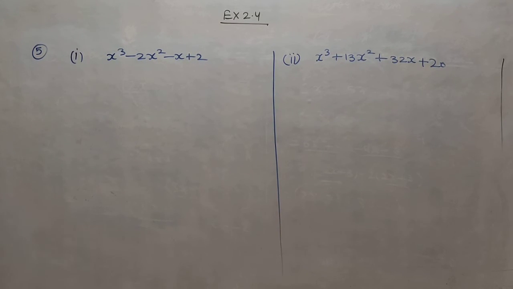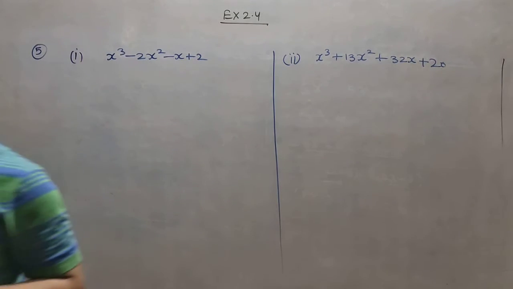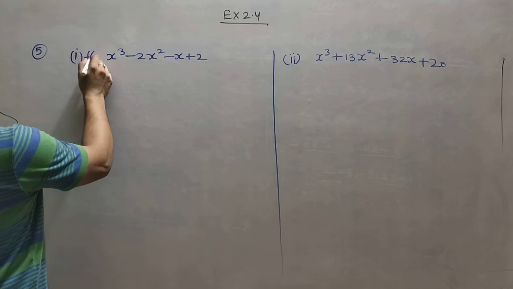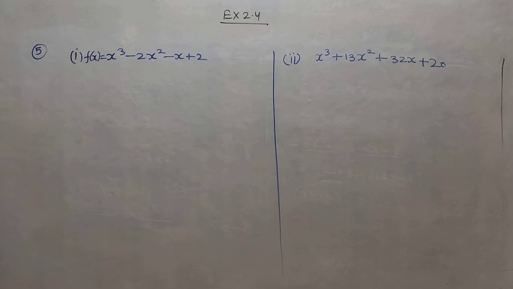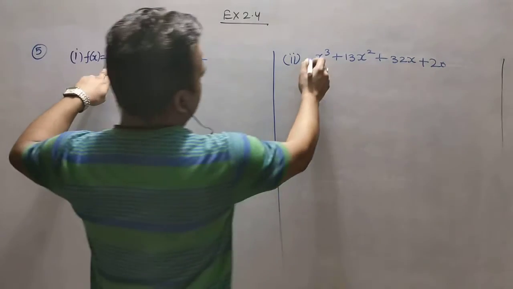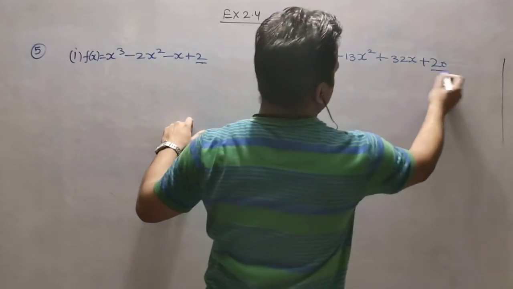So here, you know, one factor you have to find by hit and try. You have to search the value of x, any value of x, which is making this polynomial 0. So suppose it is f(x), and we have to check one by one, but we can do one thing. If the coefficient of x cube is 1, you can see here it is 1, it is 1, then we will see the last number, the constant.